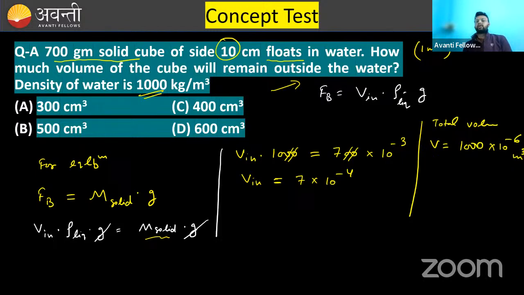Centimeter is converted into meter, right? So that's why I have written 10 power minus 6. Otherwise, cube is side into side into side, 10 into 10 into 10 is 1000, 10 raised to the power minus 6 meter cube. Or you can say 10 into 10 raised to the power minus 4 meter cube. Clear?